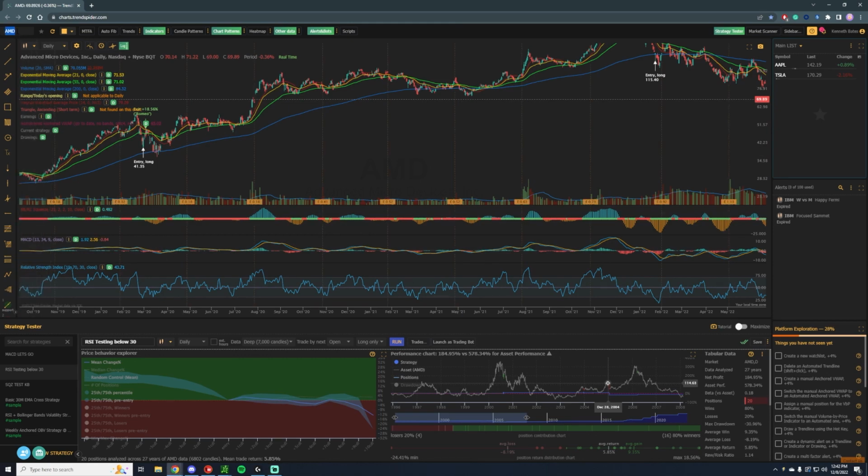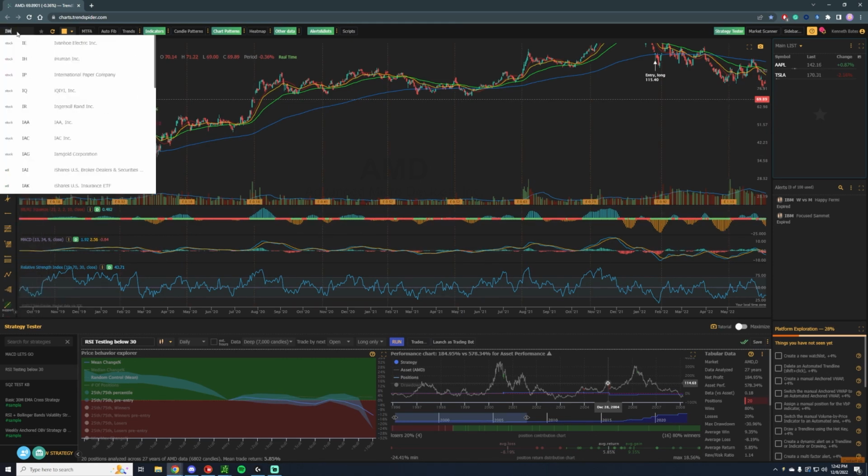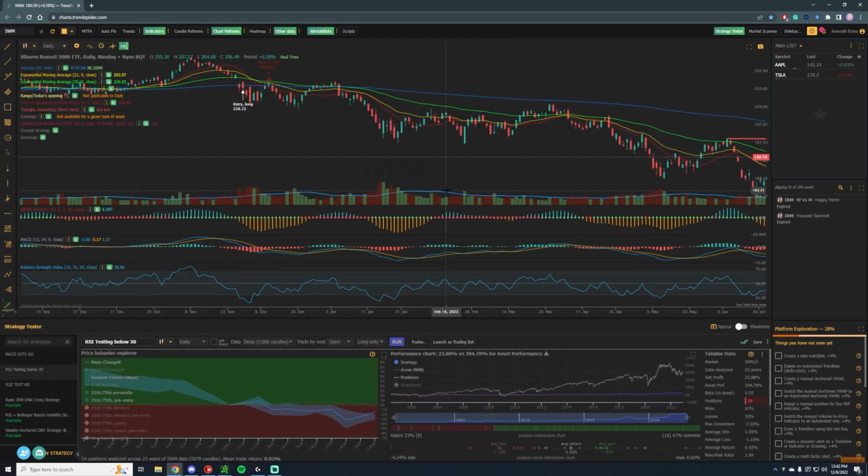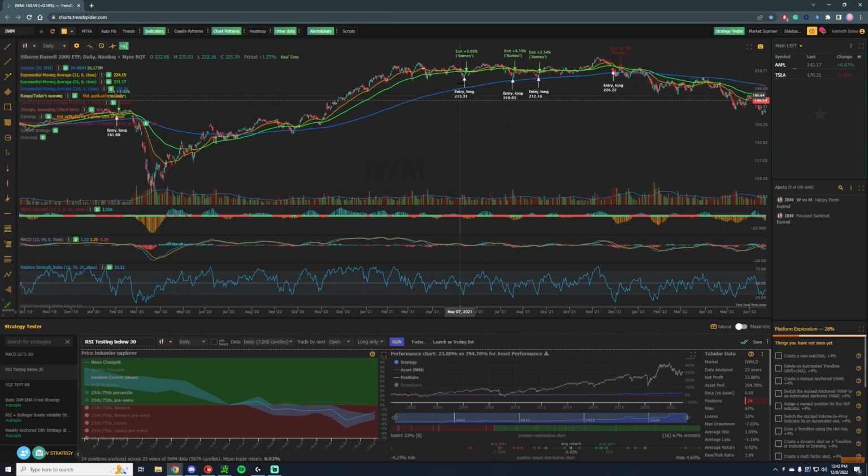A couple other examples I wanted to highlight. We can do something like IWM, which is, again, the Russell 2000. It's a little bit more steady. With the lack of movement, this strategy plays very well with ETFs. It's not going to make you that Lambo yacht money, but it's a nice, steady, known strategy to keep an eye on.